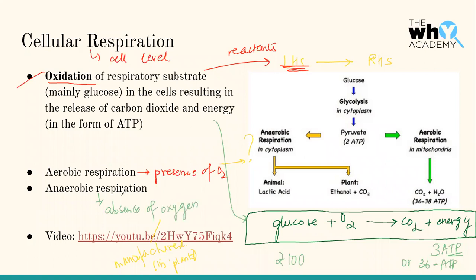Based on whether you have oxygen or not, you get different end products. We'll look at it in detail later. If you read the word aerobic anywhere in biology or EVS, it always refers to with oxygen, and anaerobic is without oxygen.